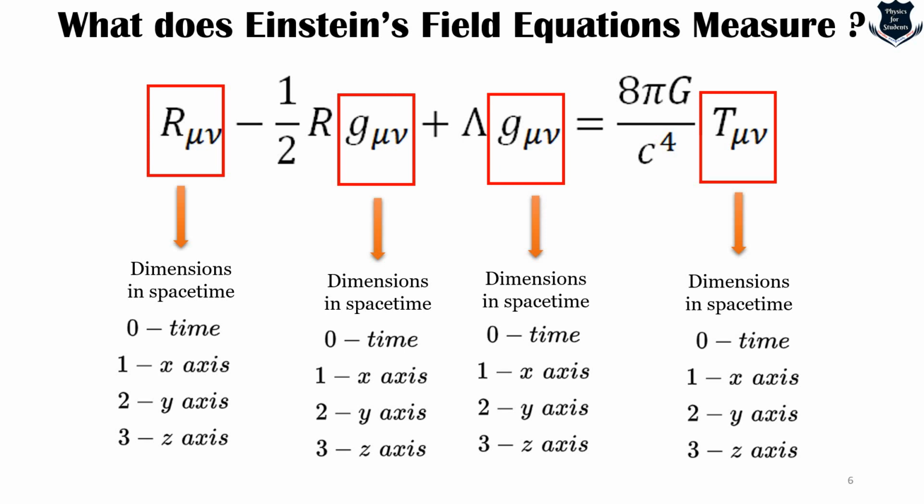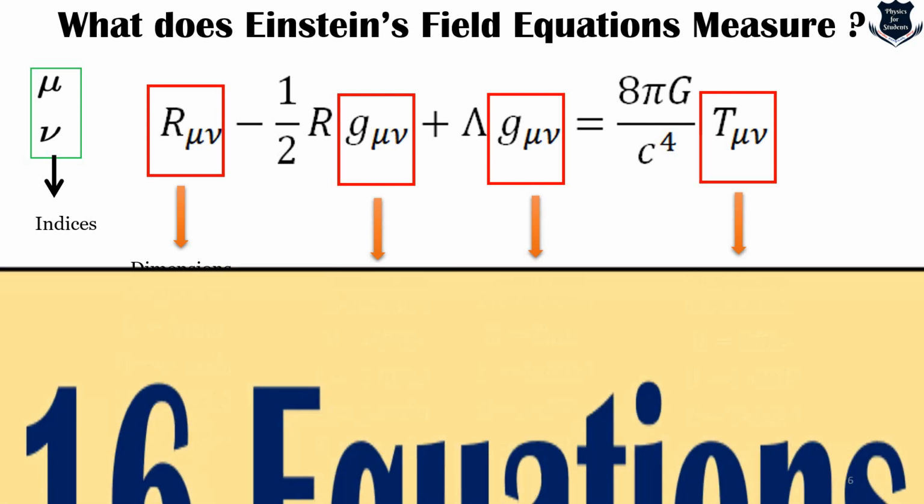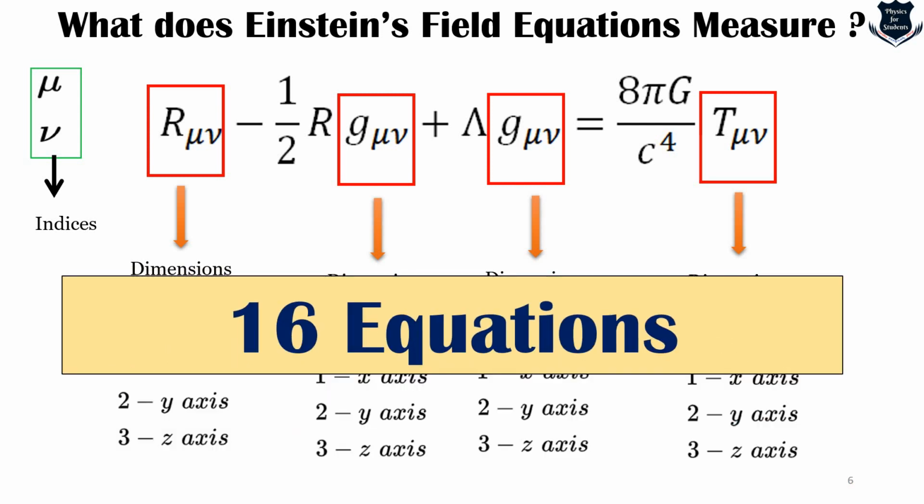So if you count, you see 4 plus 4 plus 4 plus 4. This mu nu are basically the indices which count the dimensions of space-time, and what we are looking at, a single equation, is a collection of 16 partial nonlinear differential equations.